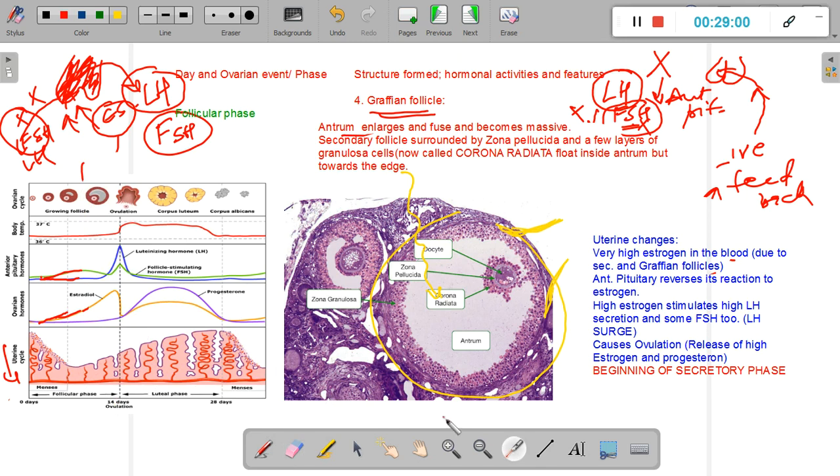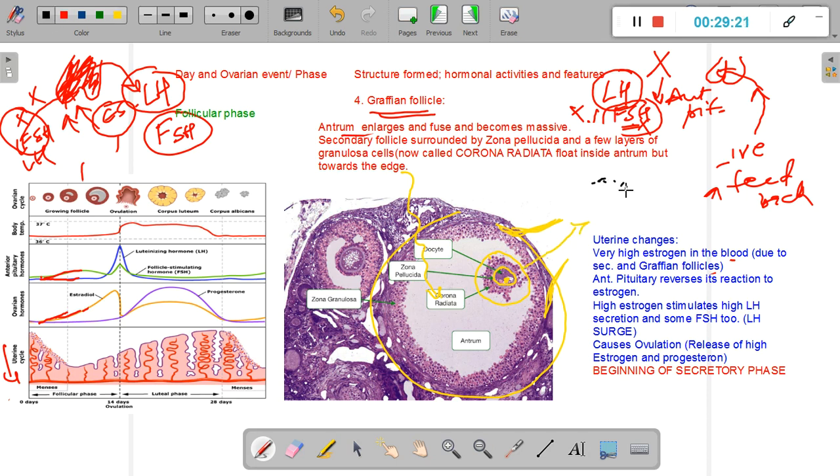Here, have a look here also. So this is the Graafian follicle, and this wall breaks, and the structure on the inside, which is basically the secondary oocyte and the first polar body, the zona pellucida and corona radiata, this entire structure moves out of the ovary here. And let's just draw it.